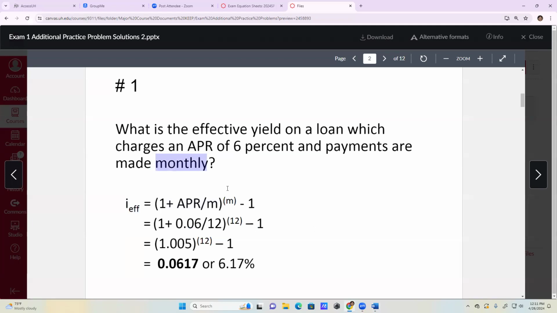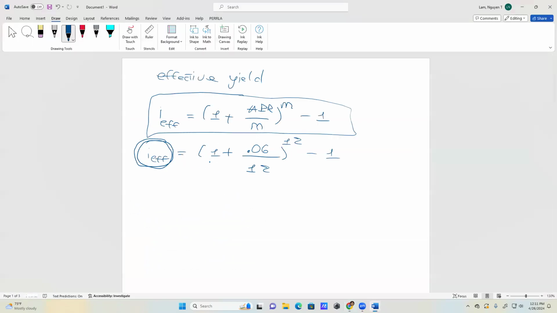If the problem tells you that payments are made quarterly, what do you think? Quarterly means 4, so you're going to do 1 plus 0.06 divided by 4, because there are 4 periods.